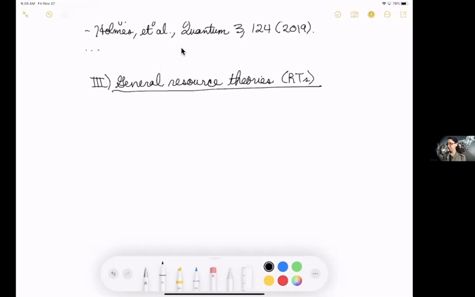So what more abstractly is a resource? What are some of the qualities that unite these examples that everyone has been giving? What makes these examples of resources? They are consumable.